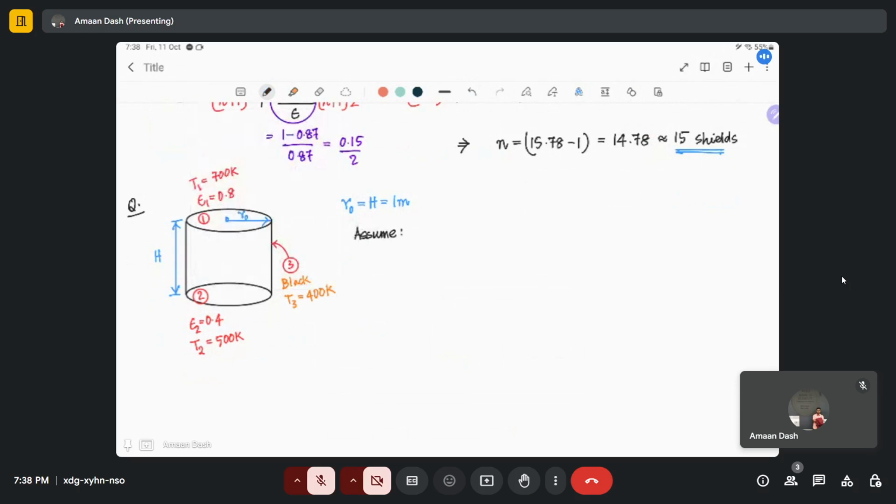The top surface, so let us give names. This is surface 1 and this is, let's say, surface 2, and this is surface 3.